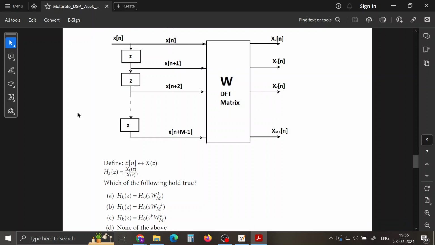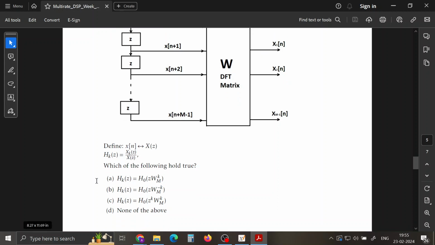Now the basic notation is that we define the sequence x of n as having a z transform denoted by capital X of z, and Hk of z is the ratio of Xk of z and X of z, meaning that it is the transfer function associated with the kth branch.